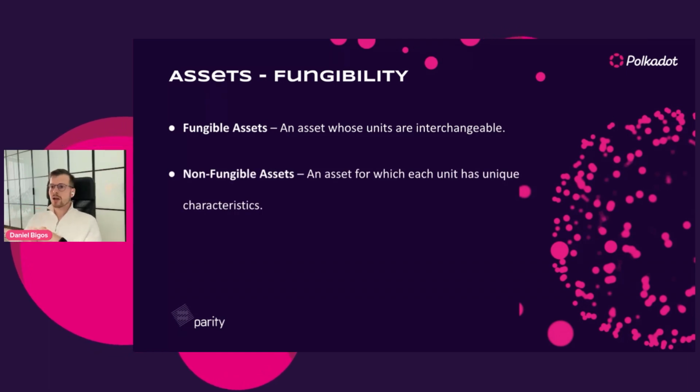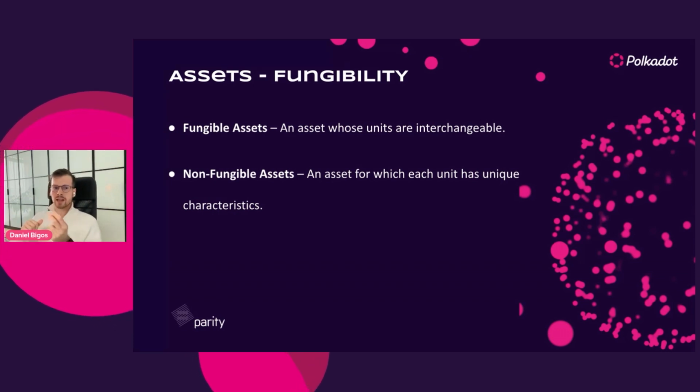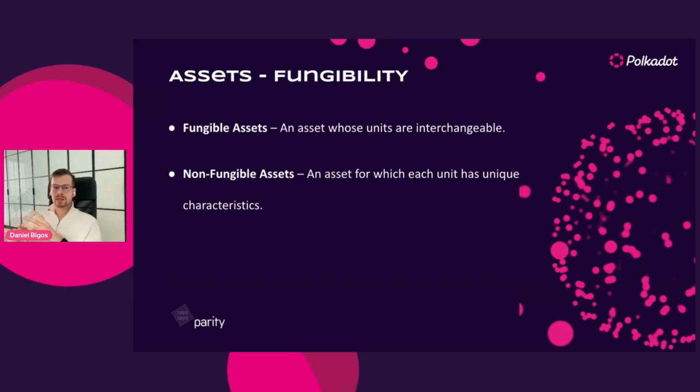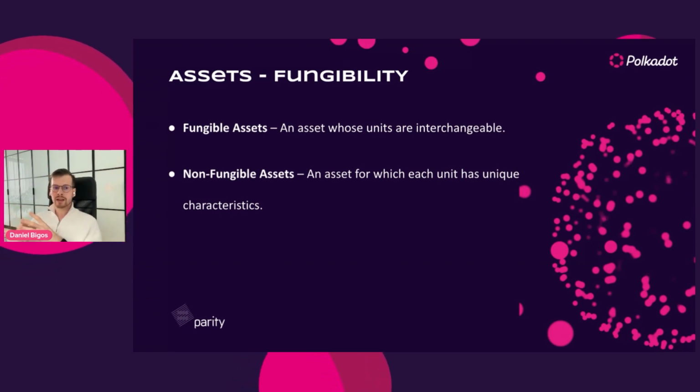On the other hand, we have non-fungible assets, and with non-fungible assets, each asset has its own unique value. For example, we can think about assets representing some real values, like we can have an asset representing my apartment, and we can have an asset representing Hector's apartment.